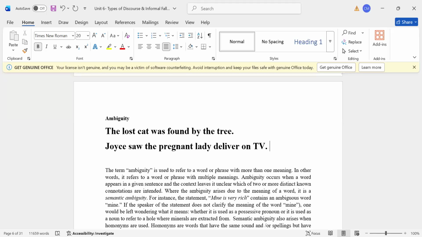The second meaning could be that the pregnant lady lay on a particular surface, and that surface was a TV, like lying on a mat to deliver, and in the process, delivered. You get it, sir. So once you are getting multiple meanings from the same sentence, it is ambiguous. You need to reconstruct your sentence again.